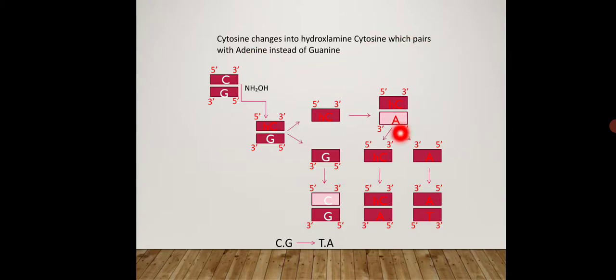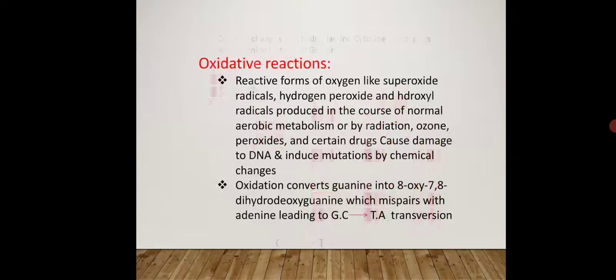These two strands get separated, HC and adenine. To that adenine, thymine will get bound, which is normal. So here there is conversion from CG to AT, but it cannot go back from AT to CG, that you have to keep in mind.